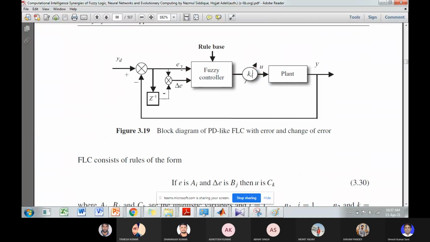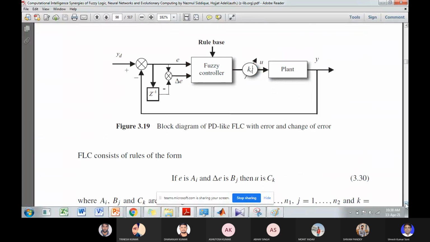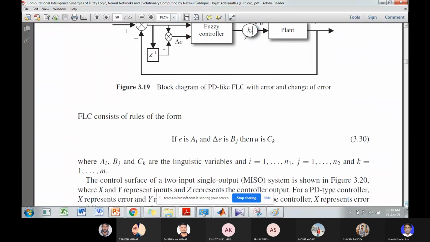The error and the change of error are given to the fuzzy logic controller, and the proportional as well as derivative coefficients are modeled inside the fuzzy logic controller using the rule base. So this is the PD-like fuzzy logic controller, which depends on the error and change of error.